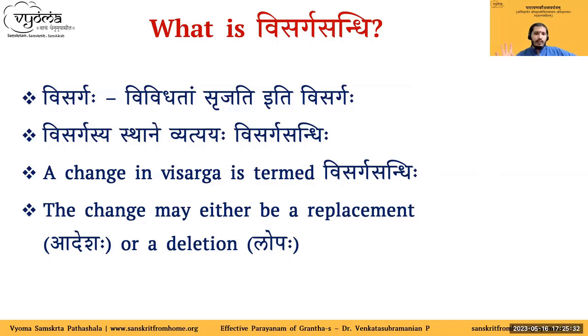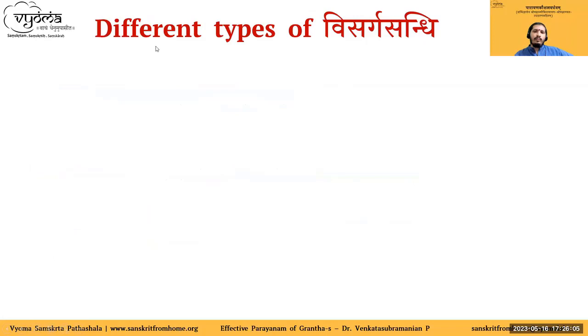Lopa refers to deletion, that is the visarga may get deleted. So these are the two sandhi karya which occur in visarga sandhi. Till now we hadn't seen lopa directly within a sandhi; in yantavantadesha we saw lopa occurring. So this is the first example which we will see in visarga sandhi.